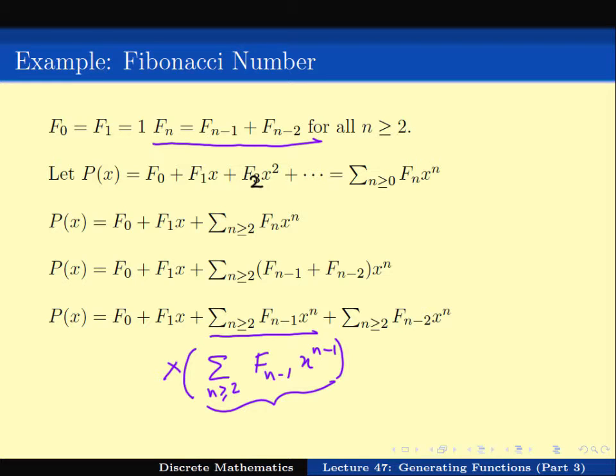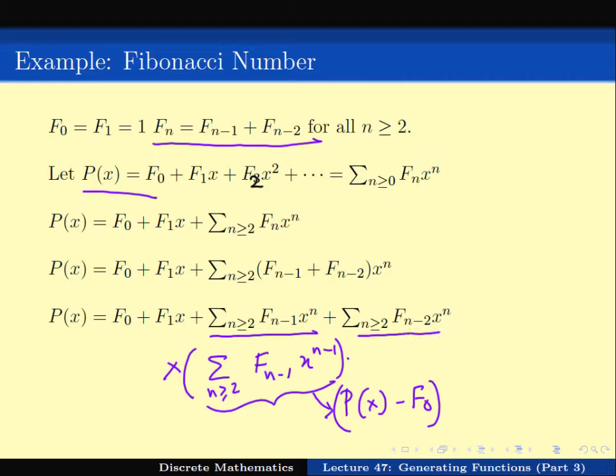Note that here it is n greater than or equal to 2, and here it is n minus 1. So that means I get F1x plus F2x squared plus F3x cubed and so on. Which means this quantity is nothing but the P(x) that we have minus F0. And F0 in our case is 1, of course, but this is P(x) minus F0.